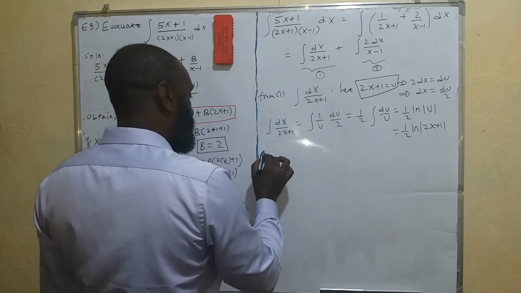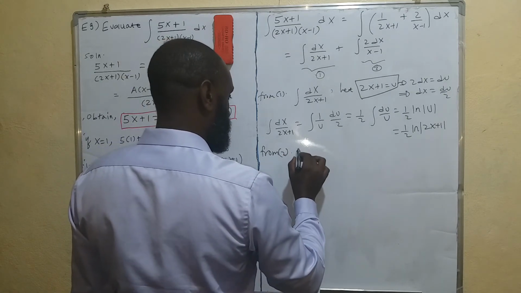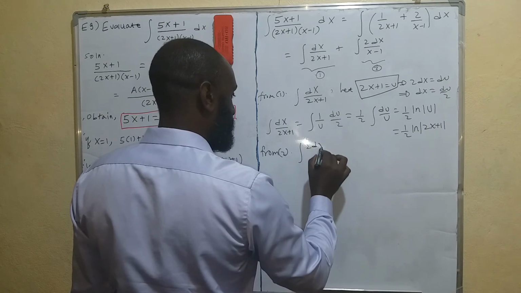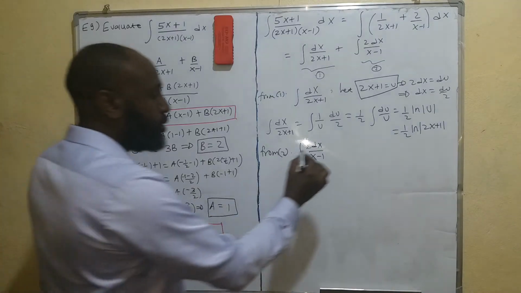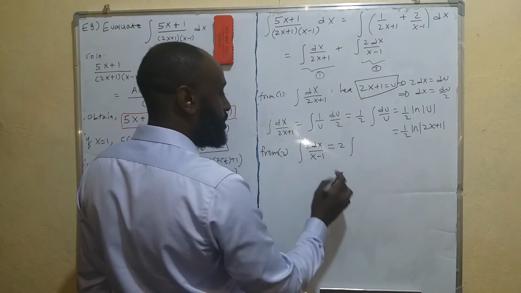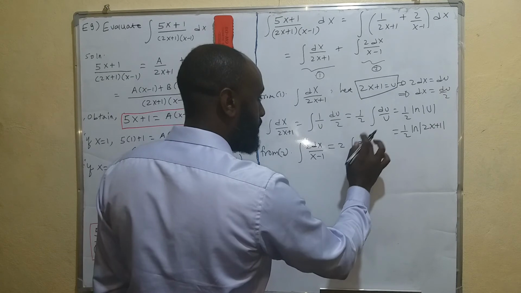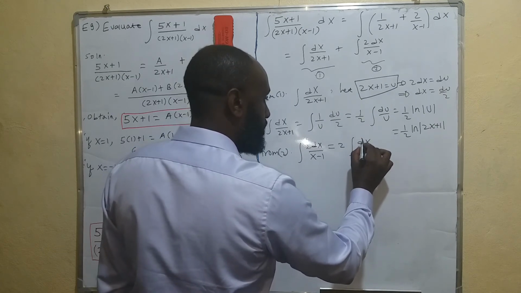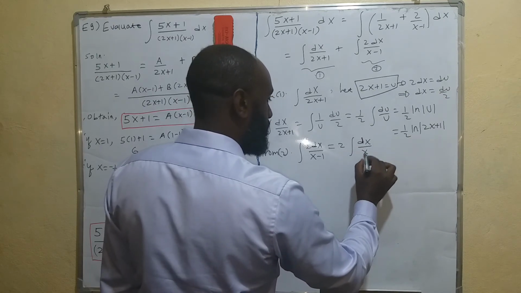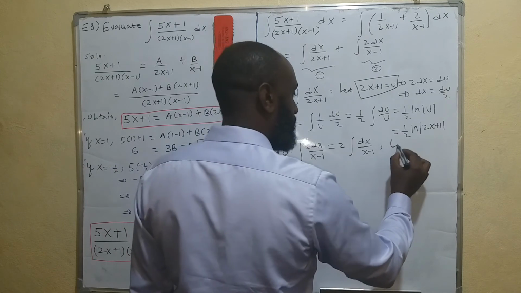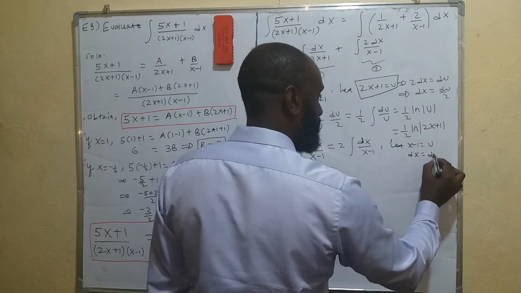Now from 2, which is the integral of 2 dx over x minus 1. In this case again, take it out of the integral sign because 2 is a constant. This is dx over x minus 1. Simply let x minus 1 be u. For this case, dx is equal to du.